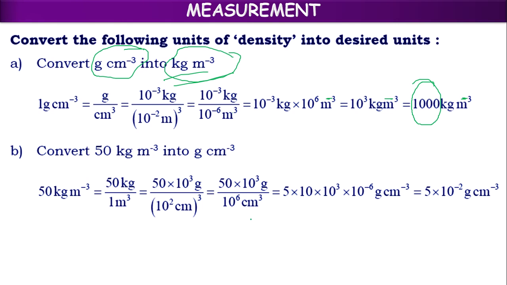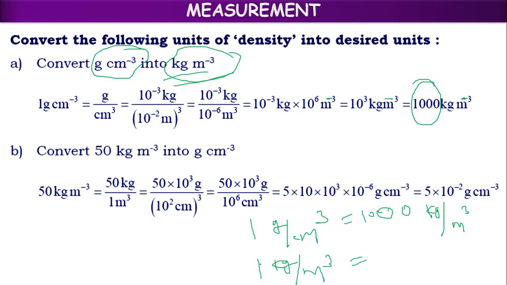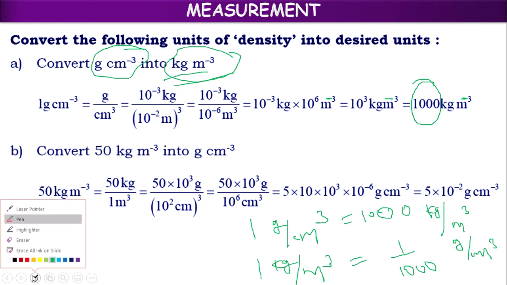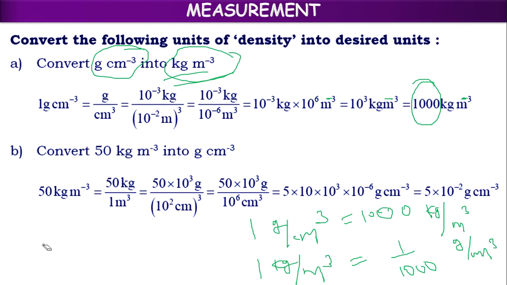In the reverse way also we can write, because 1 gram per centimeter cube equal to 1000 kg per meter cube. Indirectly we can write 1 kg per meter cube equal to, this 1000 will come to the downside, 1 by 1000 gram per centimeter cube. 1 by 1000 means 10 power minus 3.